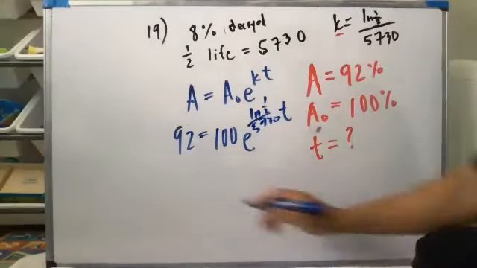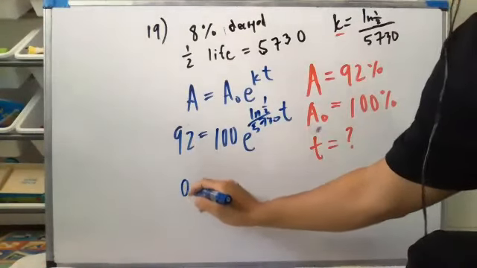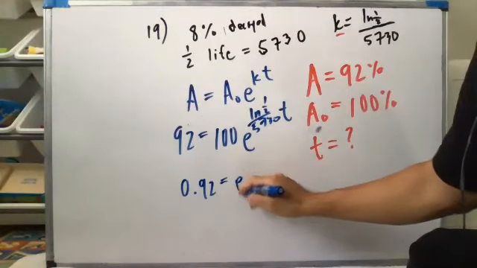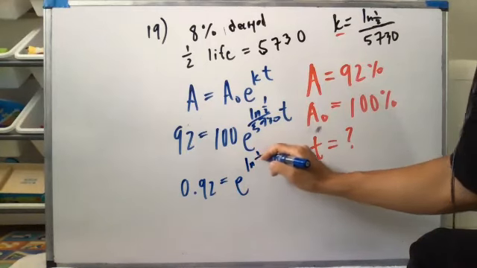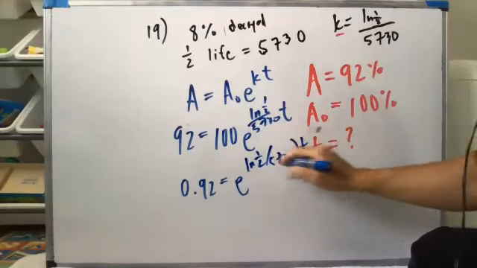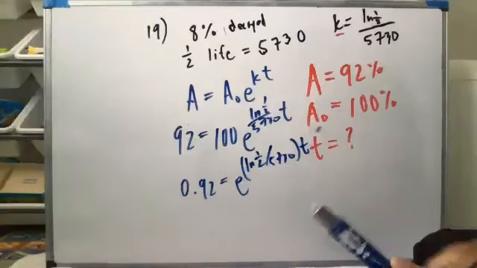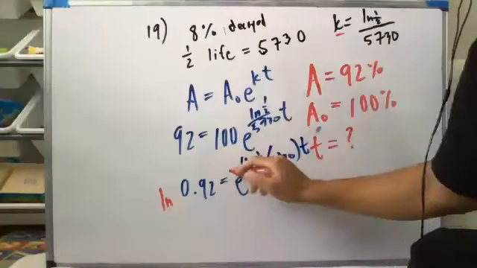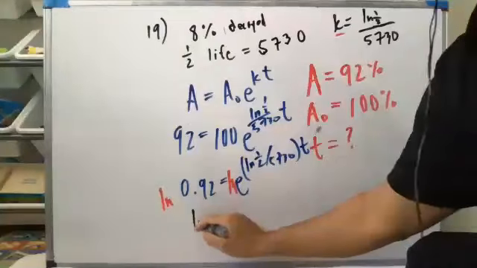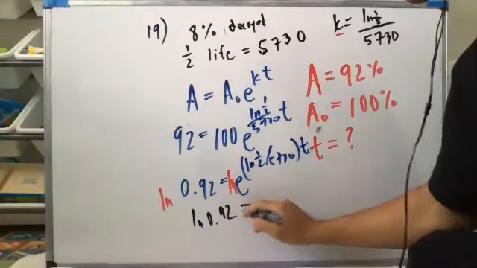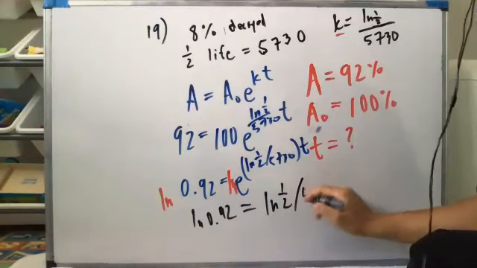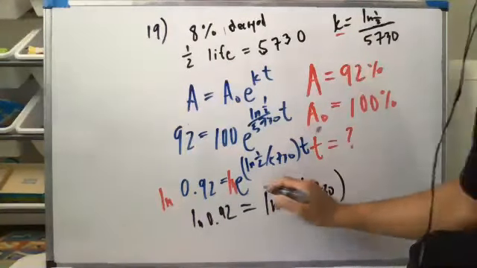Divide both sides by 100, so 0.92 equals e to that whole thing. Then take ln of both sides: ln of 0.92 equals ln of 1/2 divided by 5,730 times t.